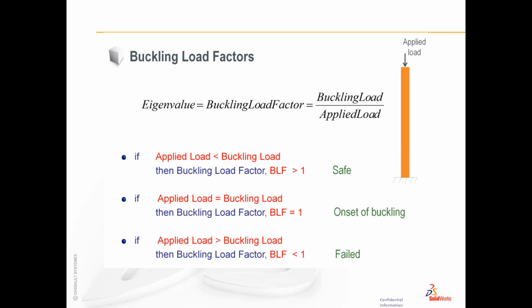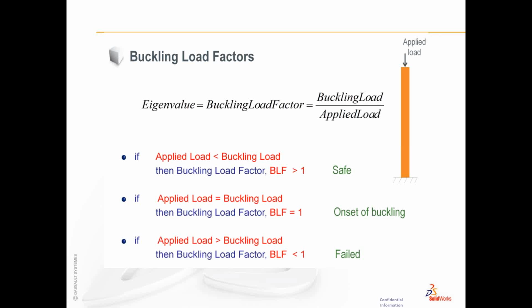So if the buckling load factor is 1, what we're saying is that the load applied to a structure is exactly appropriate to cause the onset of buckling. Now 1 is right on that line, so will it buckle or will it not? Here we're saying in this slide that it's safe, but really I would rather say that a buckling load factor of 1 is not safe. It's like a safety factor of 1. You're not giving any room for error.